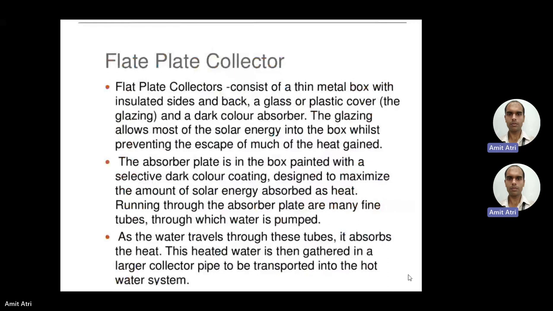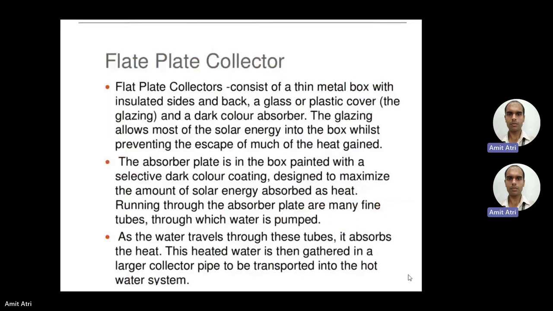So the absorber plate in the box painted with a selective dark color coating is designed to maximize the amount of solar energy absorbed as heat. So running through the absorber plate are many fine tubes through which water is pumped. Okay, as the water travels through these tubes, it absorbs the heat. This heated water is then gathered in a large collector pipe to be transported into the hot water system.